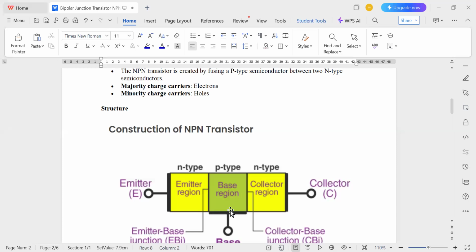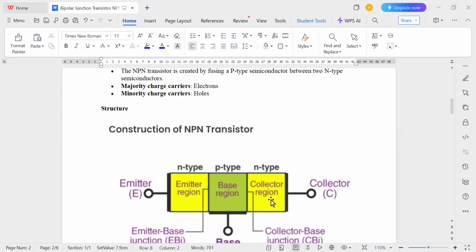The base will allow most of the charge carriers injected from the emitter to pass to the collector. The size of the base is very thin, on the order of micrometers. So that is about the base.